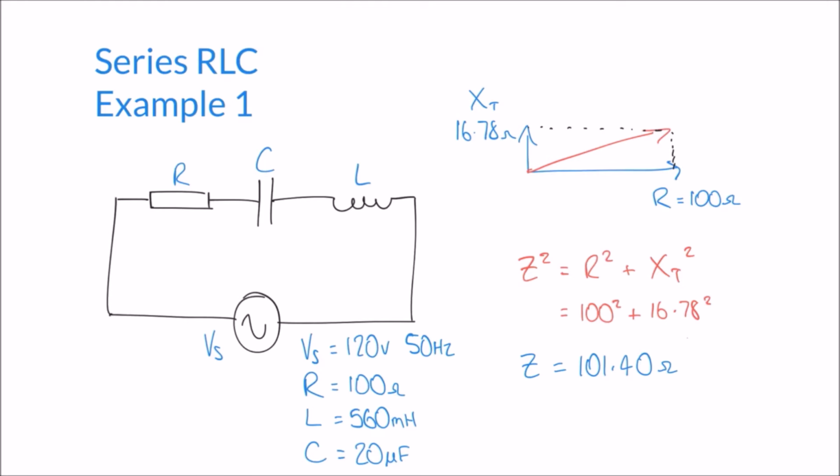We can also calculate the angle in our impedance triangle, and I'll mark that on my diagram here. Our angle is going to be this angle here, and calculating that angle is going to help us calculate the phase angle of different currents and voltages that we want to calculate later on.